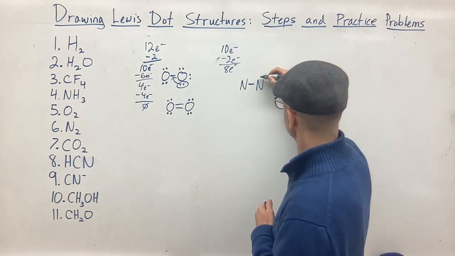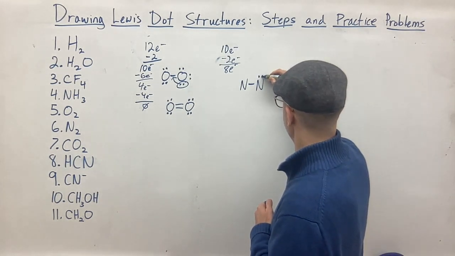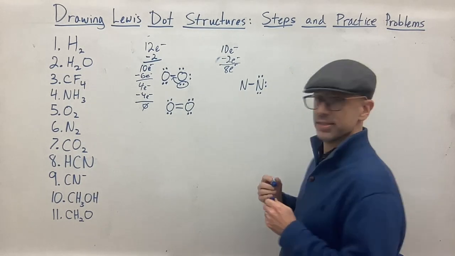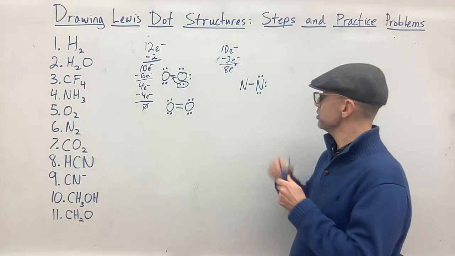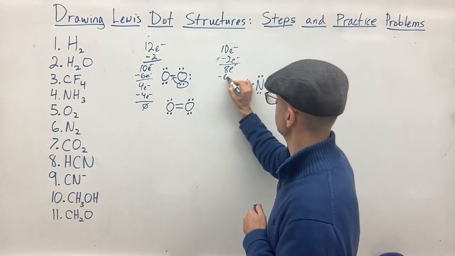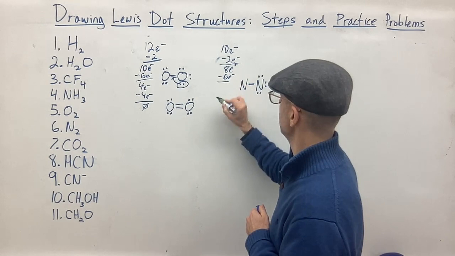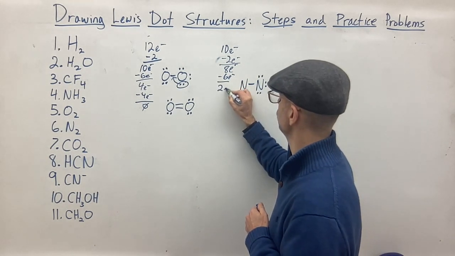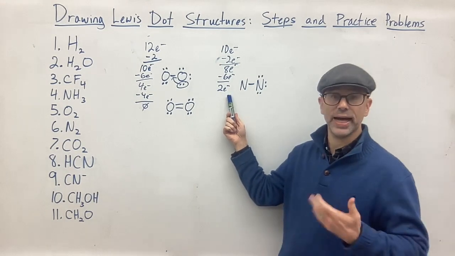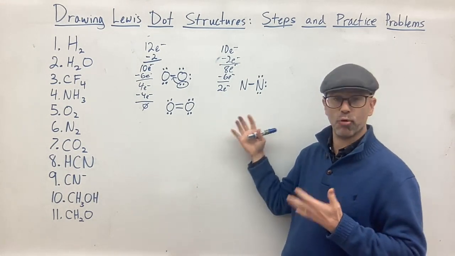So here I'll have 3 lone pairs. That's 6 electrons, so I'm going to subtract those 6 electrons from my total, and I have 2 electrons left. So again, that's it for step 3.